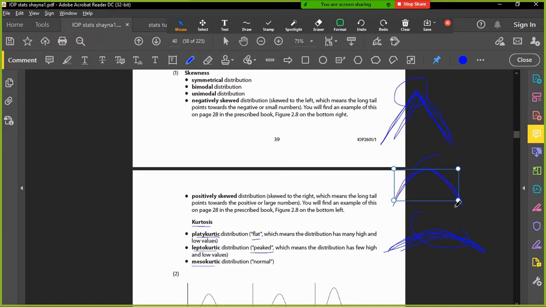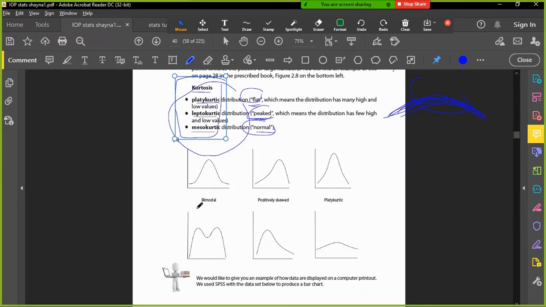It's just fancy words to make statisticians sound clever. Flat, peaked, or normal is how we would look at it. This is normal, this would be flat, this would be peaked. So don't get too bogged down by the jargon. That's jargon that statisticians would use to describe flat, peaked, or normal.